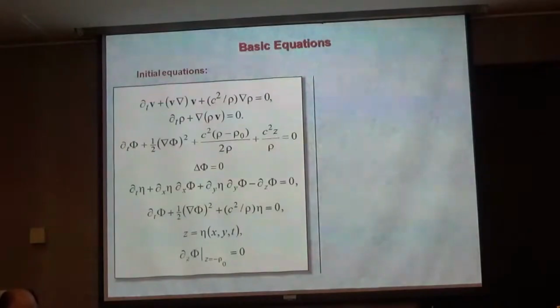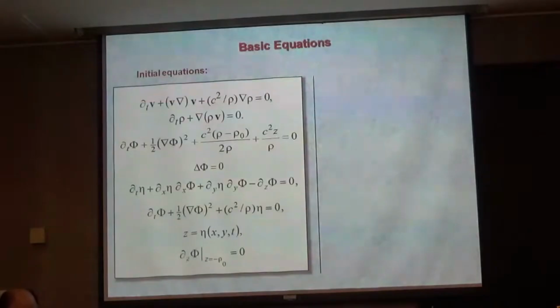We start from a full set of hydrodynamical equations written in the generalized form. These are the equation of continuity, equation of motion, equation of continuity and equation of motion for potential, and Laplace equation.